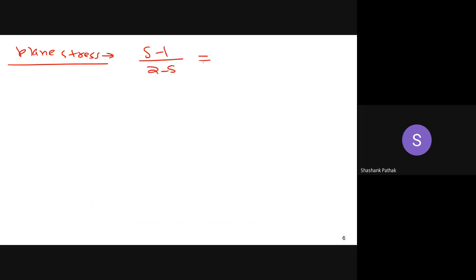So can someone tell what is the value of s minus 1 upon 2 minus s for the plane stress and for the plane strain? Saurabh, tell me the value of s minus 1 upon 2 minus s for plane stress, because this factor was coming in the combined constitutive equation. So you have to tell that.